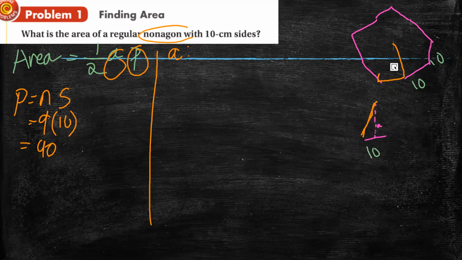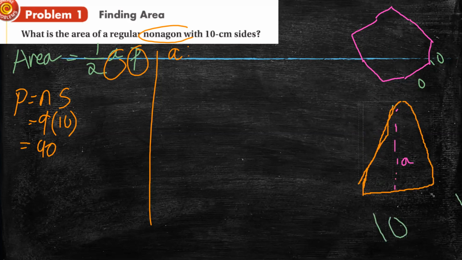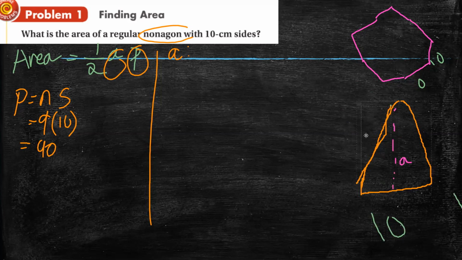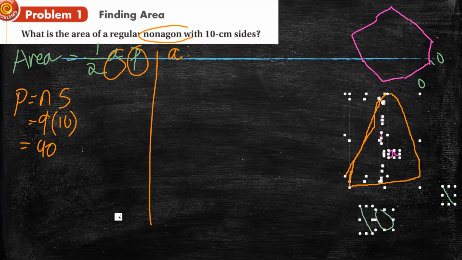Let's take it here. So as we said, we take this triangle that we drew inside our nonagon and we solve on it.